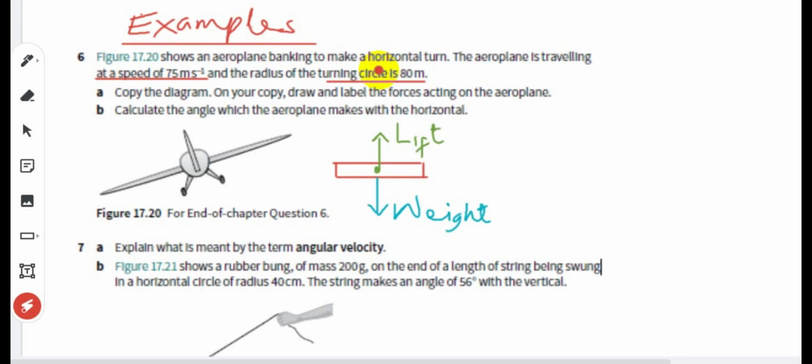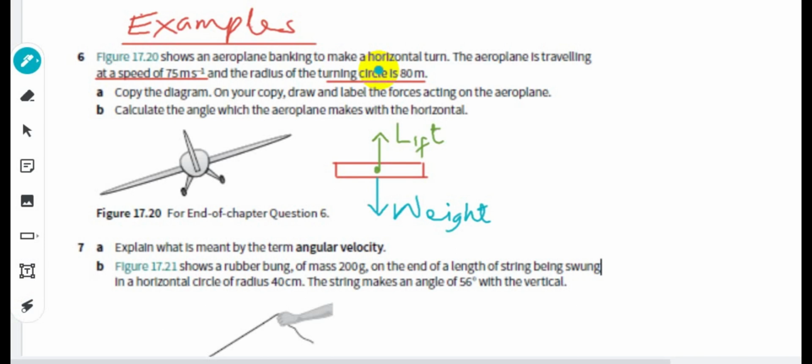Once the aeroplane wants to negotiate a circular path or turn, there must be a centripetal force. If you have seen our previous recording, you will recall that for an object to negotiate a circular path or a bend, a centripetal force is required, and that centripetal force is directed to the center.